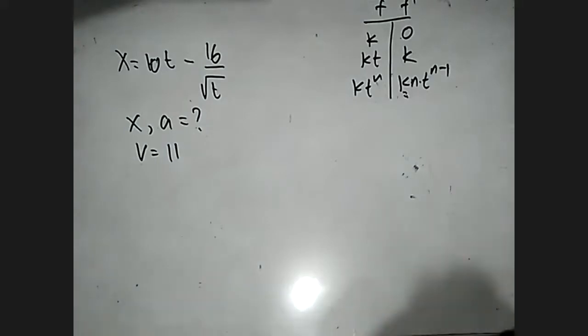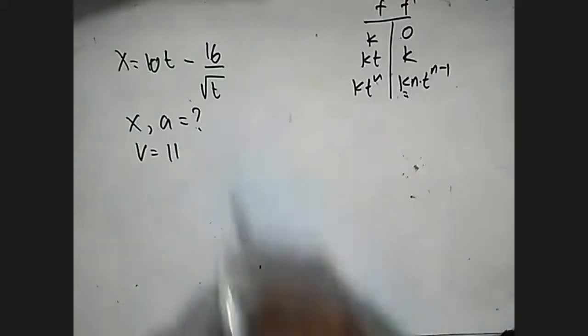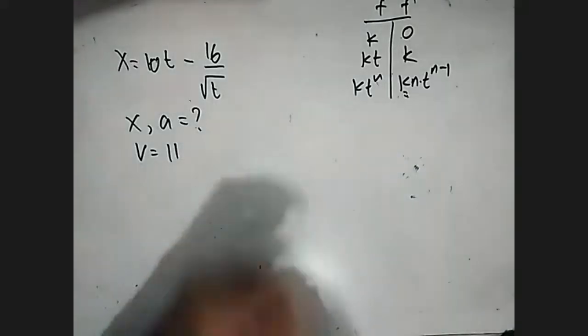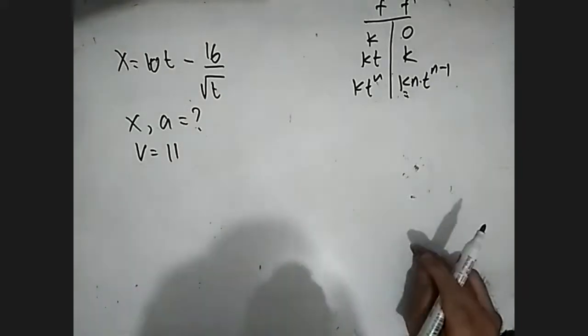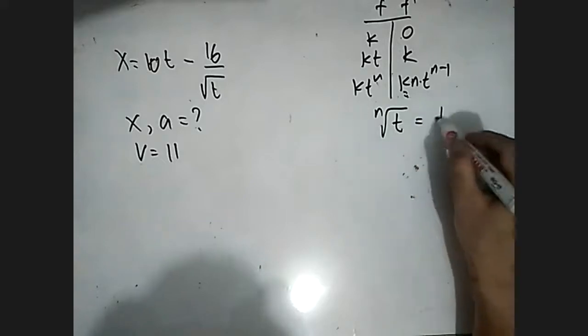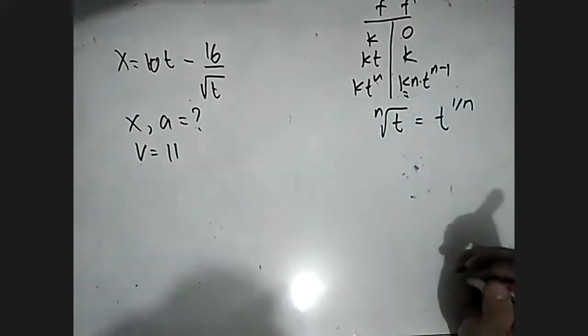First of all, we will need to change this into the form that is using power. The 10t is okay, but what about the negative 16 over square root of t? Now, we need to know here that the nth root of t is t to the power of 1 over n.